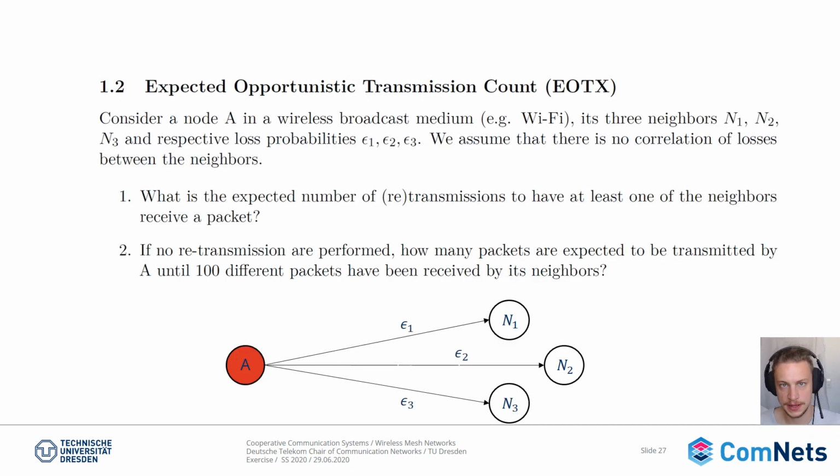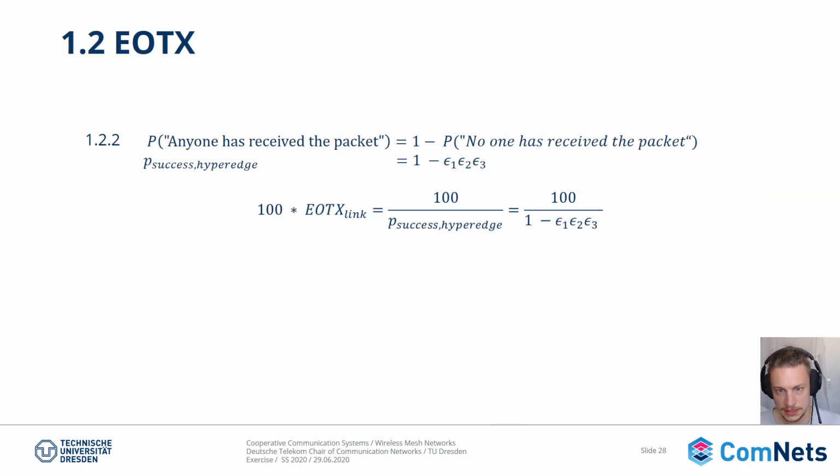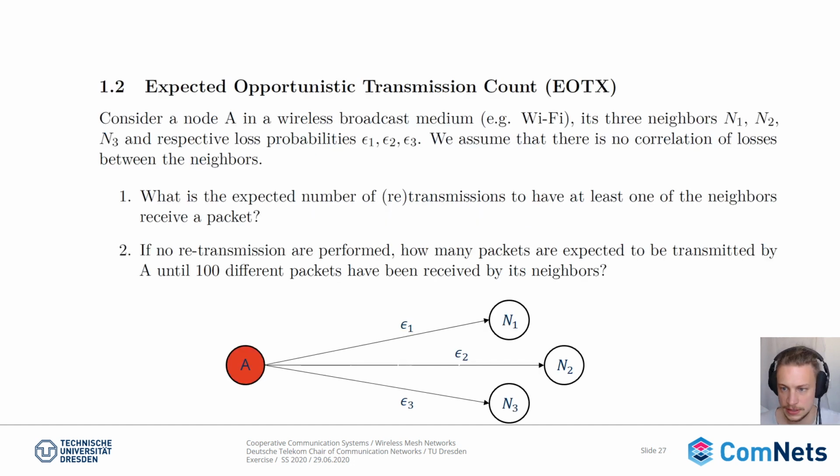In the second subtask, again, 100 different packets should be received. This time not by only B, but by the 3 neighbors of A. The maths here, again, is easy. We can just multiply the two sides of the equation by 100 and get the result. And we can do this because the task description mentions the keyword different packets.